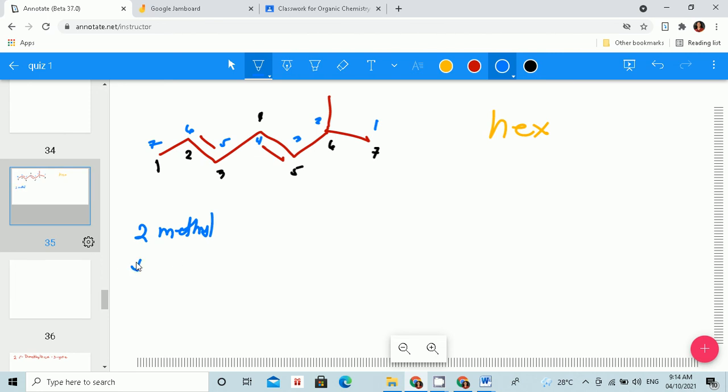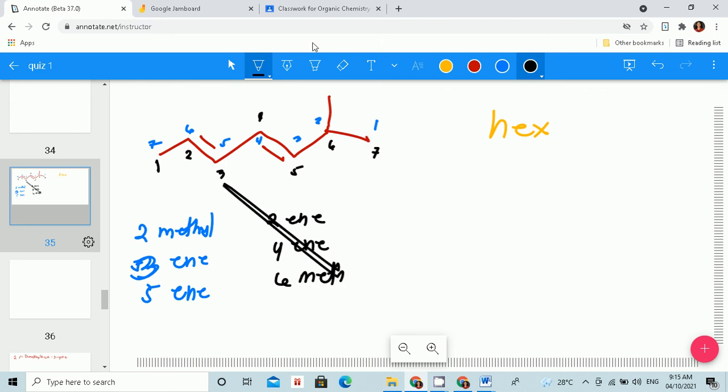We will have also 3-ene and 5-ene. Then if we count from left to right, we will have 2-ene, 4-ene, and then we have 6-methyl. Alright, this will be 12. And this will be 10.